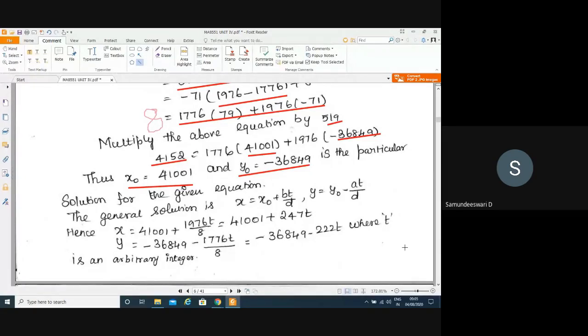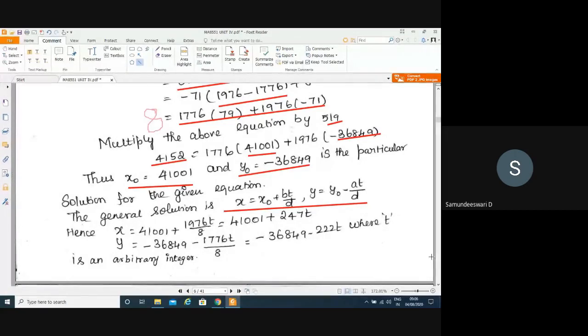After finding the particular solution, find the general solution. The general solution is nothing but directly substituting the x naught, y naught, a, b, d values in your formula. So what is your general solution formula? x is equal to x naught plus bt by d and y equal to y naught minus at by d. So x naught is 41001. B value we already know, 1976, and d is 8.